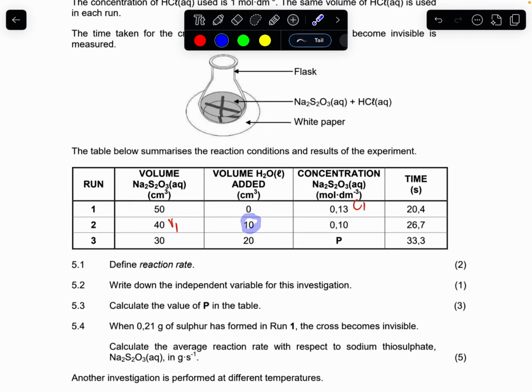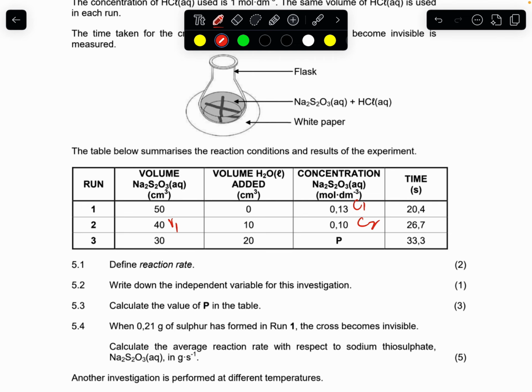So the concentration is going to decrease from this to that. The initial volume is going to be 40, and V2 is going to be 50, because you added 10 to the 40. This is the concentration C2.